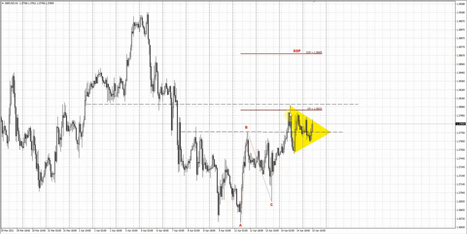But here we have a bit different type of action. We have the reaching of the OP and turning to consolidation below it. It mostly has bullish features and suggests that once the market accumulates enough power, it could try to break it up and continue in the upward direction.